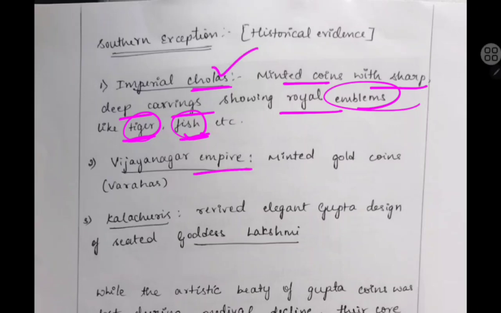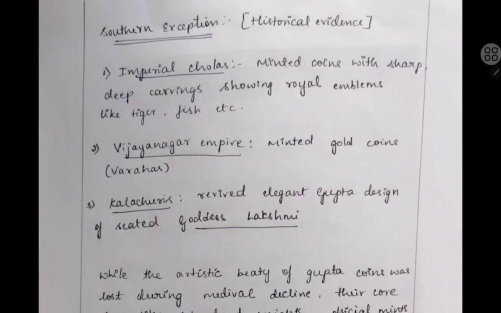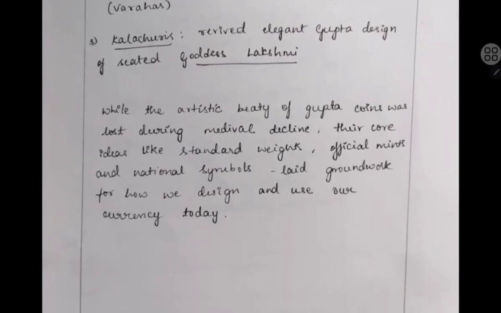In the Vijayanagar Empire also, they minted gold coins. The Kalachuris revived the elegant Gupta design, the seated goddess Lakshmi. Chola's peak time, this is the southern exception. Historical evidence. Okay. Next, coming back to the conclusion.